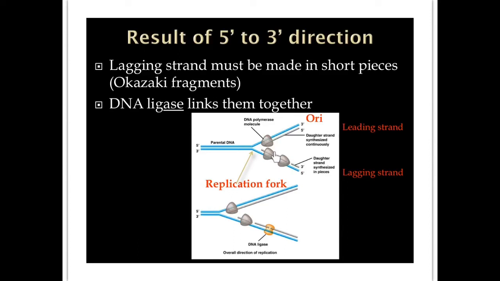It'll backtrack, attach, synthesize to the other fragment, and then again let go. And then it'll bind here, synthesize to the end, and then let go, so that it's still synthesizing in this 5' to 3' direction. So now on this lagging strand, I get these short pieces of DNA that are called Okazaki fragments. I need to get those pieces linked together.